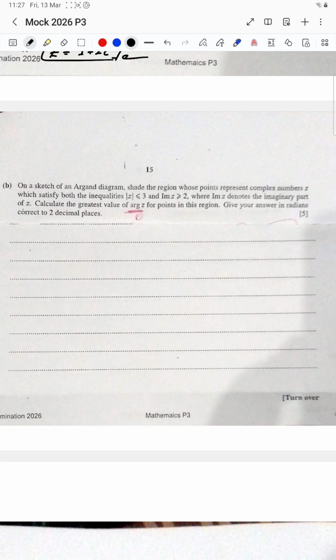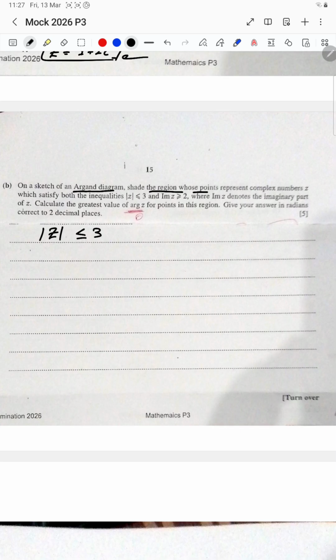On a sketch of an Argand diagram, shade the region whose points represent complex numbers z which satisfy the inequalities. First inequality, modulus of z less than or equal to 3.